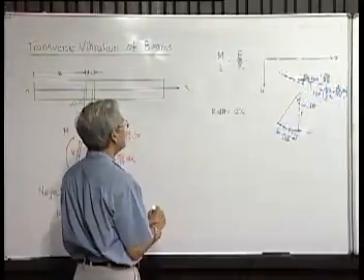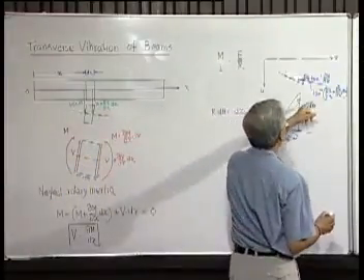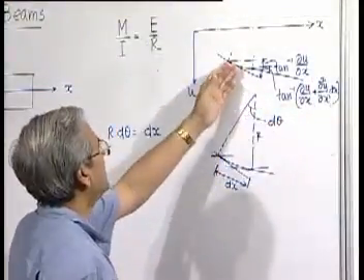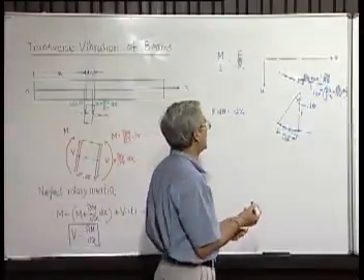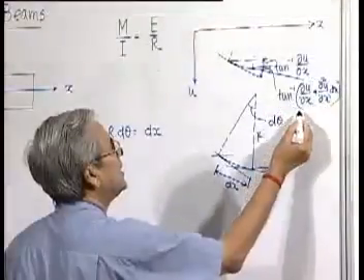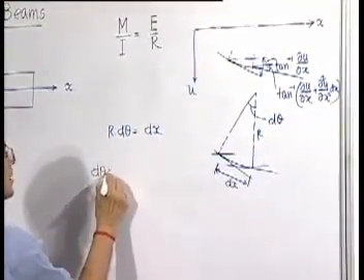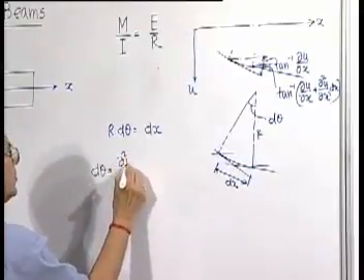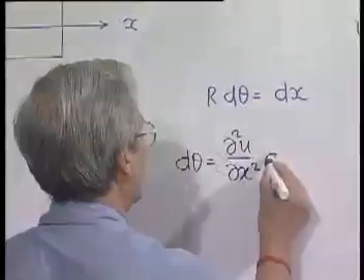Now in terms of u, since these angles are all very small, we can always write tan theta is equal to theta. Therefore, the difference between this and this, that d theta, will be del 2u del x square into dx.